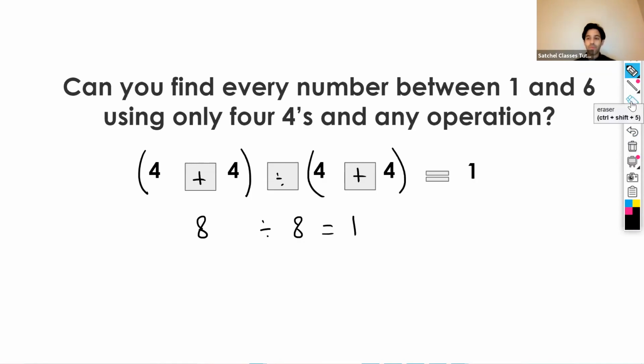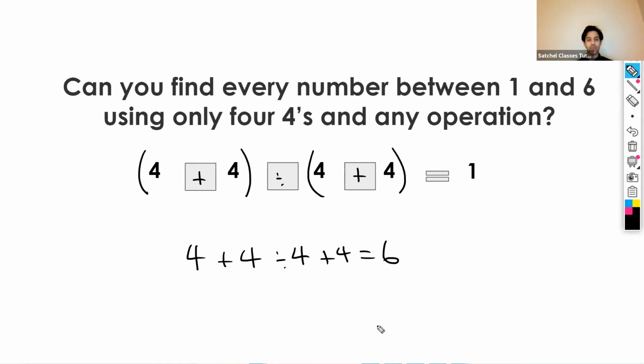Now, I will do one for 6 as well, and you can maybe spot to see if I've done this right or not. So what I can do is say 4 plus 4, that's 8, divided by 4, that's 2, plus 4, that's 6. Now, is this right?